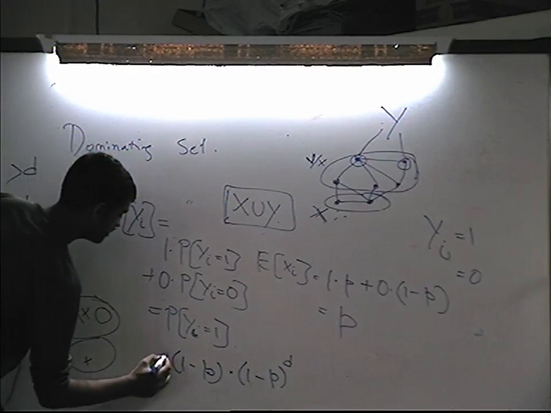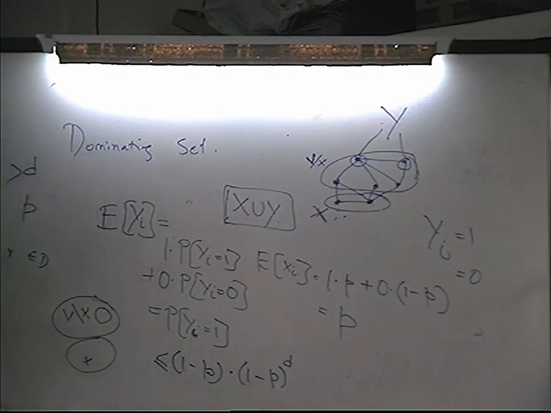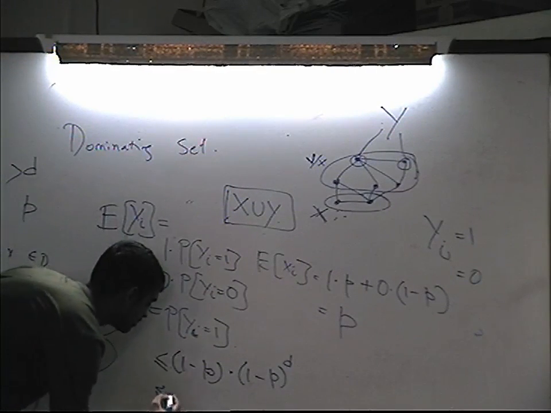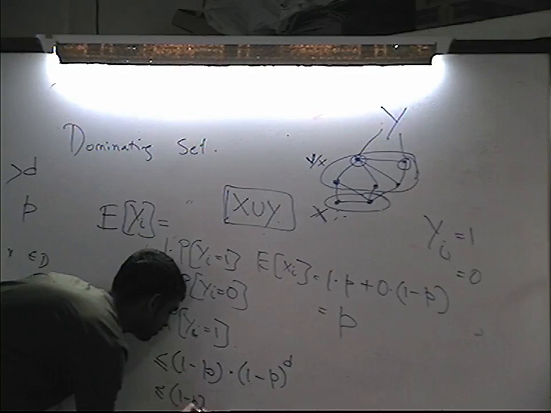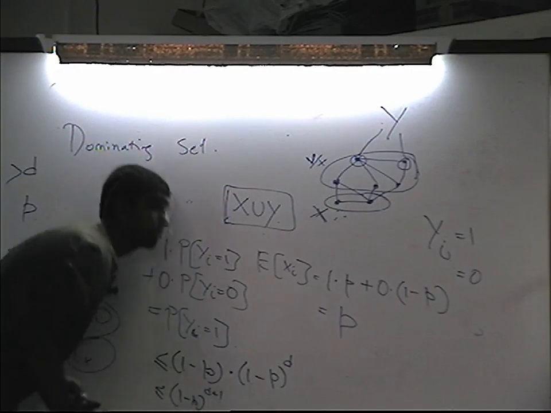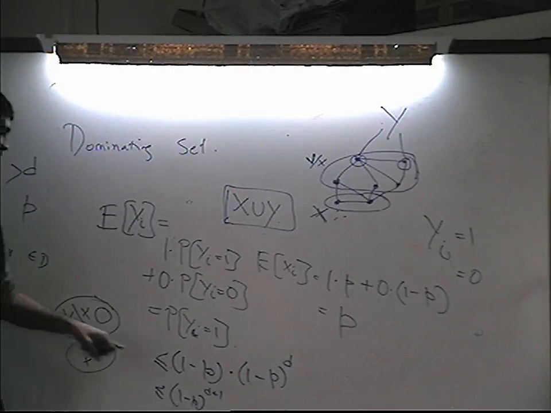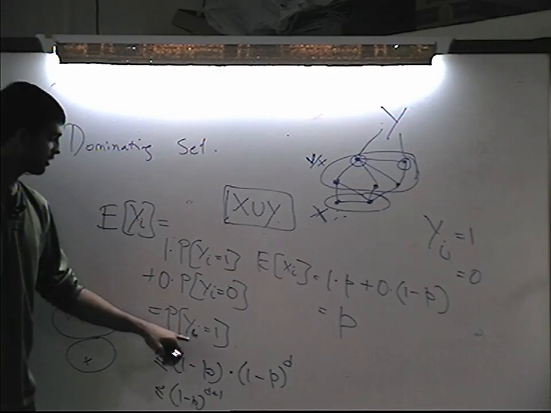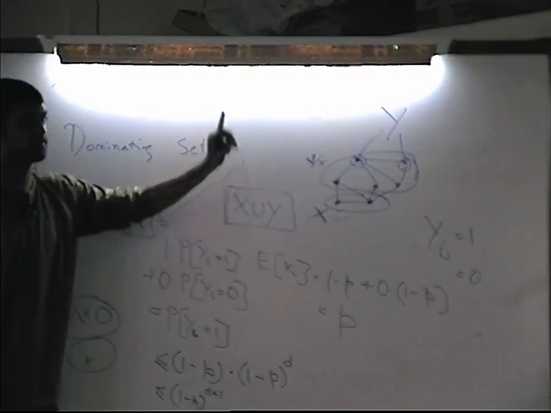So, this would be at most this. So, this will just be 1 minus p power d plus 1. So, this is the probability that a given vertex I is not present in Y.